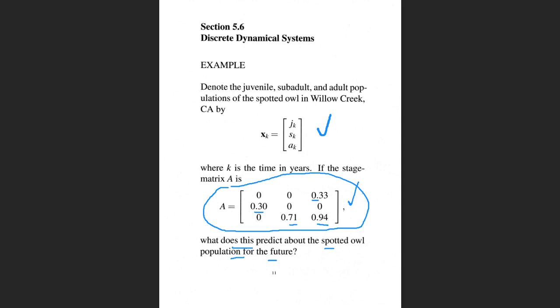Everybody has this copied okay? We're going to notice that some of the entries in this matrix A are zeros. All right, let's go to the next page.